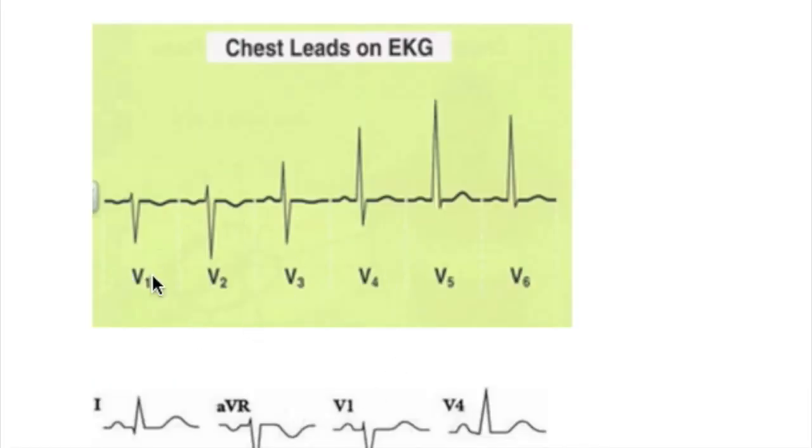Which chest leads do not have a Q wave? The right-sided chest leads V1 and V2 do not have Q waves. Why? There is a small r in chest leads V1 and V2 and a big deep S in these leads.